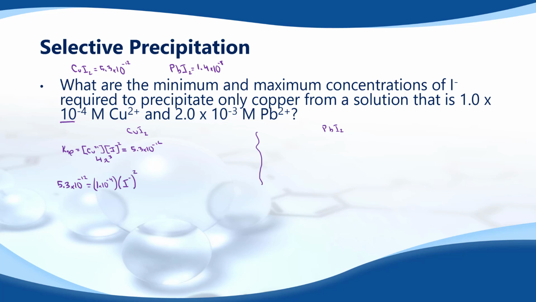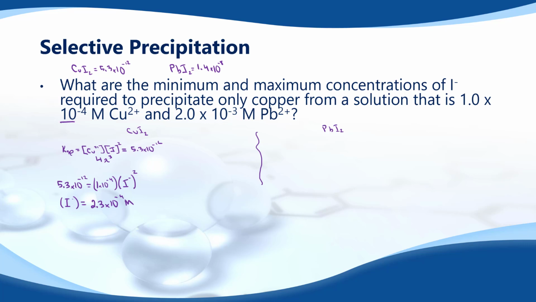Now all I have to do is solve. I don't even need my 4x cubed here, really. I can just do this. So I'm going to get iodide equal to 2.3 times 10 to the minus 4th molar. If I add at least this concentration of iodide, I'm going to start my precipitation.